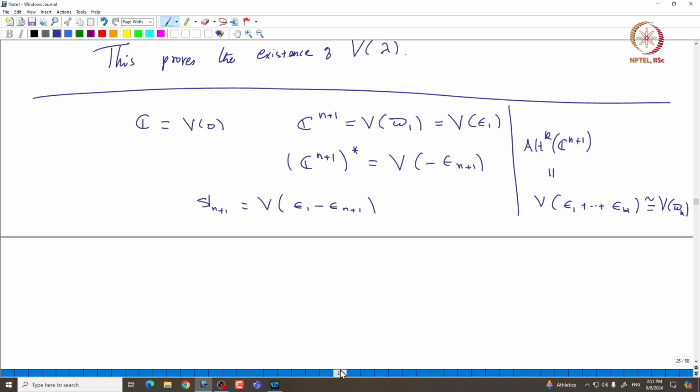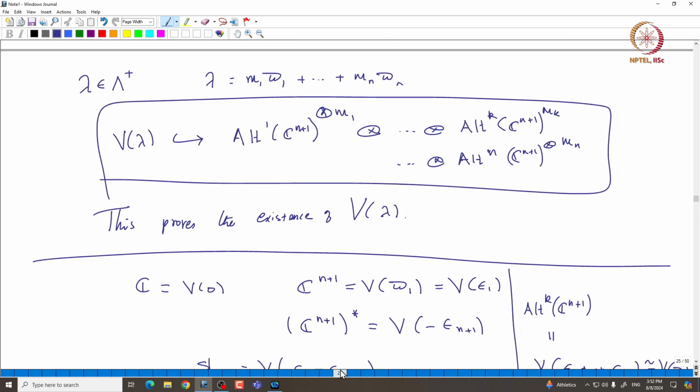That construction can be done for any lambda, not necessarily dominant. Note that in this construction we used the fact that lambda is dominant, because we need to take the tensor powers corresponding to these m i's. The m i's being non-negative integers is used very much, otherwise we would not be able to consider the corresponding tensor products.